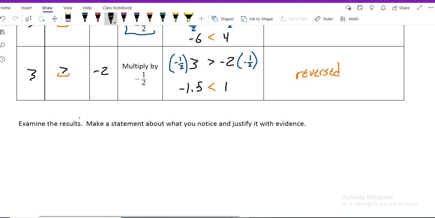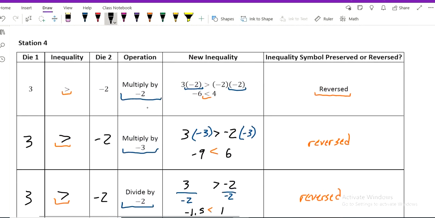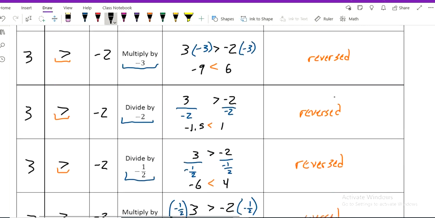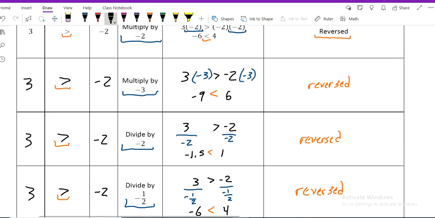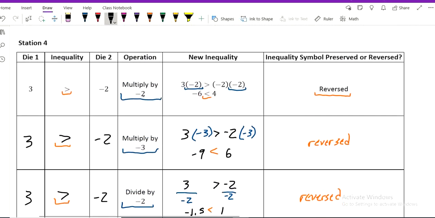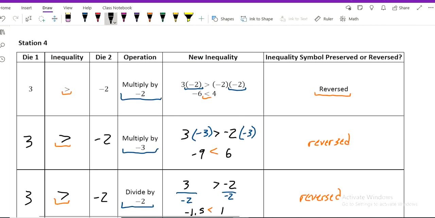Examine the results, make a statement about what you noticed, and justify it with evidence. So let's look at what happened here. Every inequality symbol ended up being reversed. So what did we do each time? Well, we multiplied, but we also divided, so that wasn't the common thing among everything. What do we multiply or divide by?